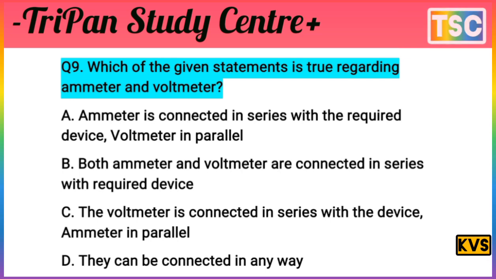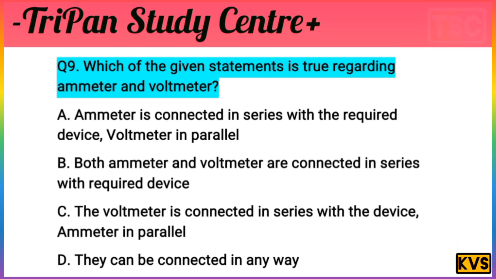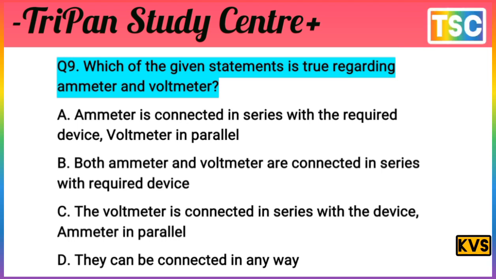You understand that the ammeter and voltmeter are connected only in a particular way, that's important. There are only three options, A, B, C, so D is eliminated.